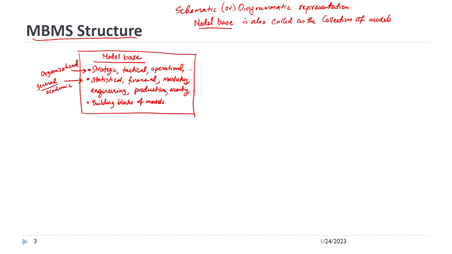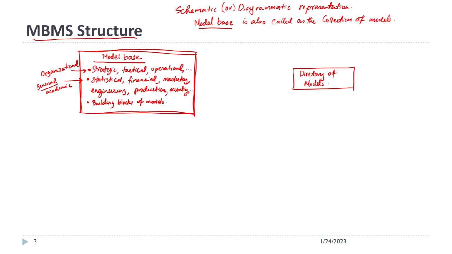So the model base, one of the major components of the MBMS, can contain the organizational models, which are strategic, tactical and operational; the general or academic models, which are statistical models, financial models, marketing models, engineering, production, accounting, etc.; and building blocks of various models. All of these different models give rise to something called a directory of models.